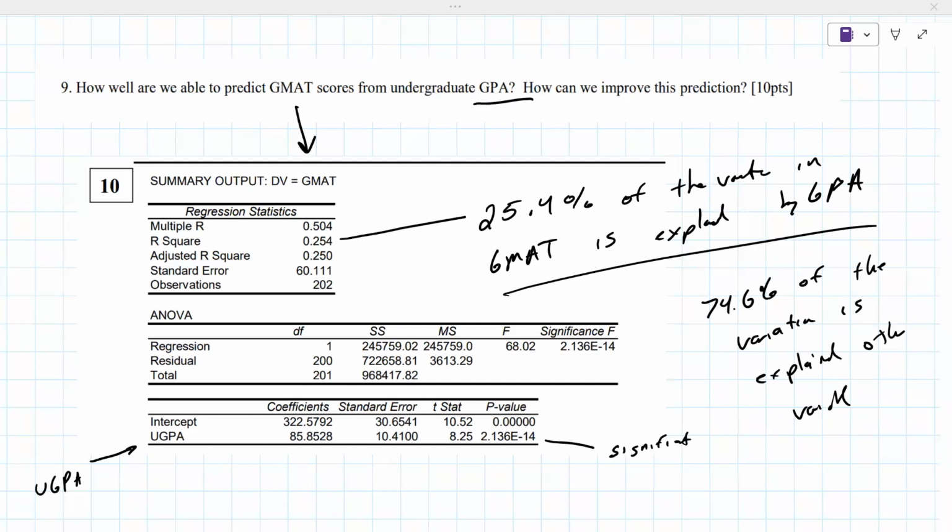But let's see what the answer says here. Examine R squared. So what could we do? We would want to look for another model for GMAT that includes more variables, which we have.